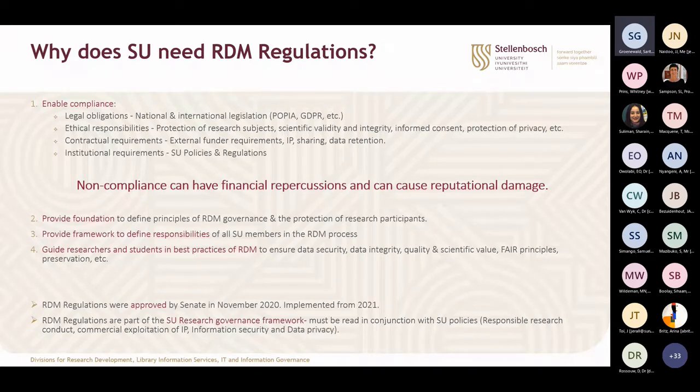We also have a responsibility towards scientific validity and integrity, informed consent, etc., and that all comes into our ethical responsibilities. Then we also have contractual requirements. If you do research and you have a grant or a research contract, your funder will have specific requirements and we need to make sure that we comply with those. And then we also have our own institutional requirements that we have to comply with.